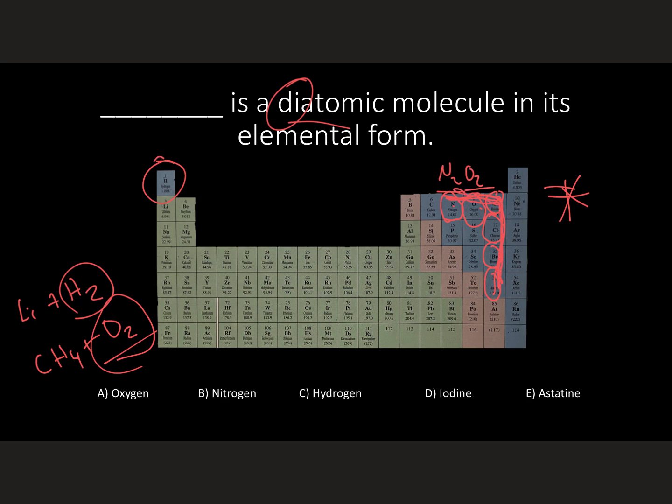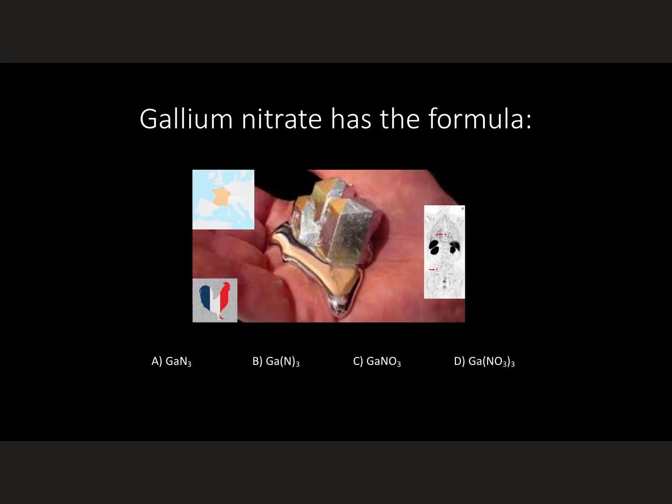So a nomenclature problem: gallium nitrate has the formula, so we need to figure out what the formula is. So gallium, notice we have the rooster here in France, so Gall, it's named after France, essentially, gallium. So gallium on the periodic table is Ga.